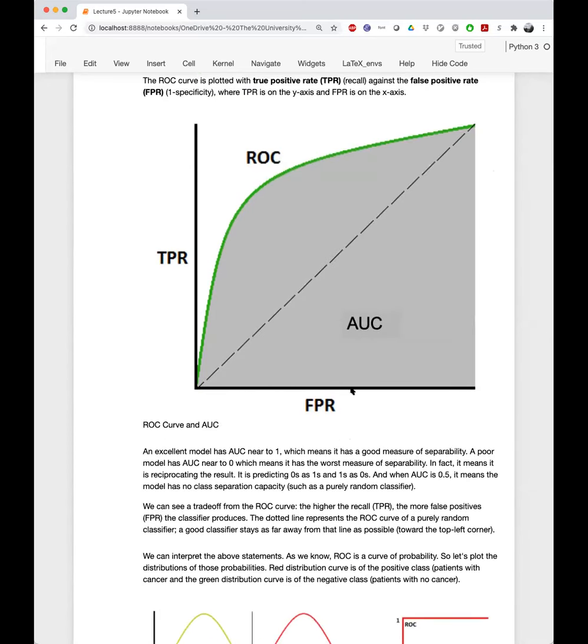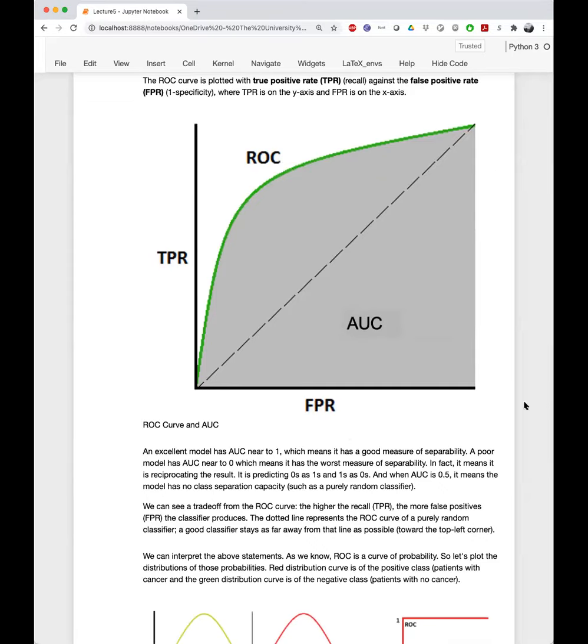The one thing is about how to interpret AUC. AUC, the higher the better. The closer to 1, the better the model is. That's something we have talked about. And you can look at the random classifier here and ask what the AUC is. Because it's a straight line y equals x, the AUC is the area under this straight line.